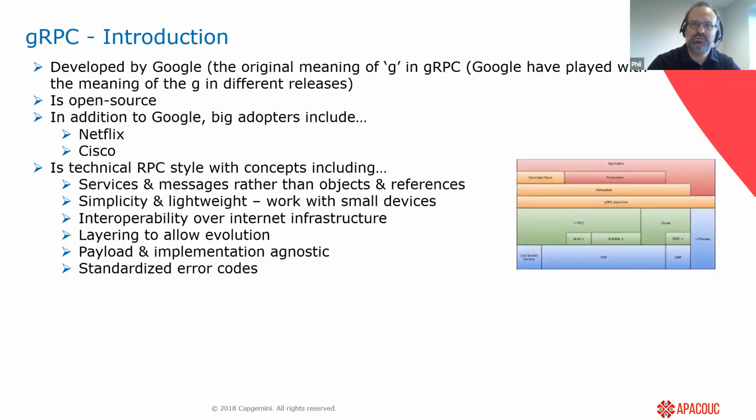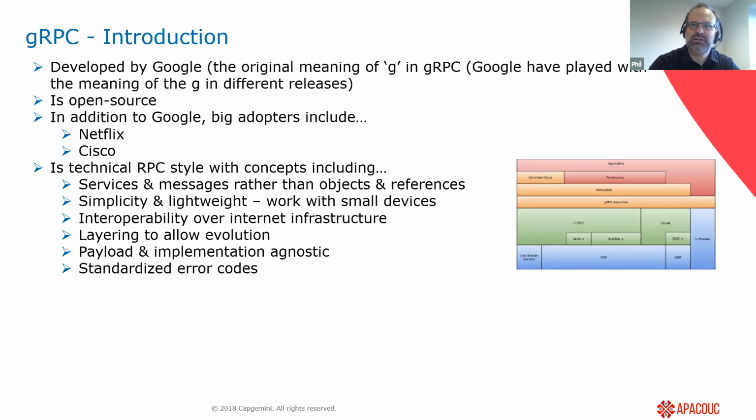It is a lot more of a technical structure, as you can see, and it embodies more RPC concepts inside of it. It talks about services and messages. It's geared up to exploit HTTP2, unlike the others. It gives you standardization around error codes and error handling.